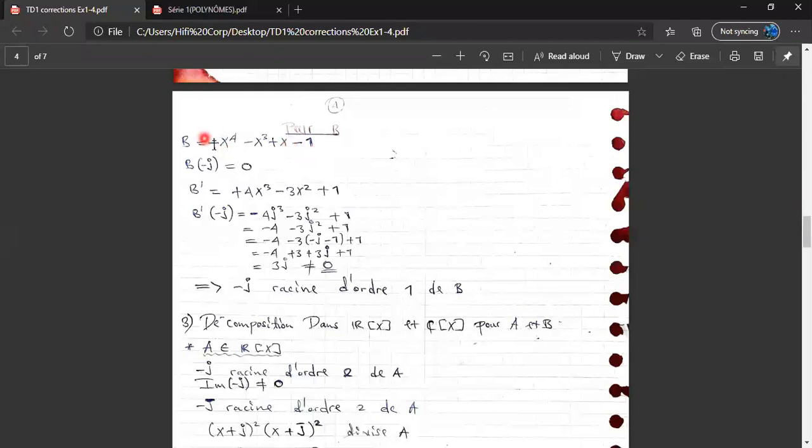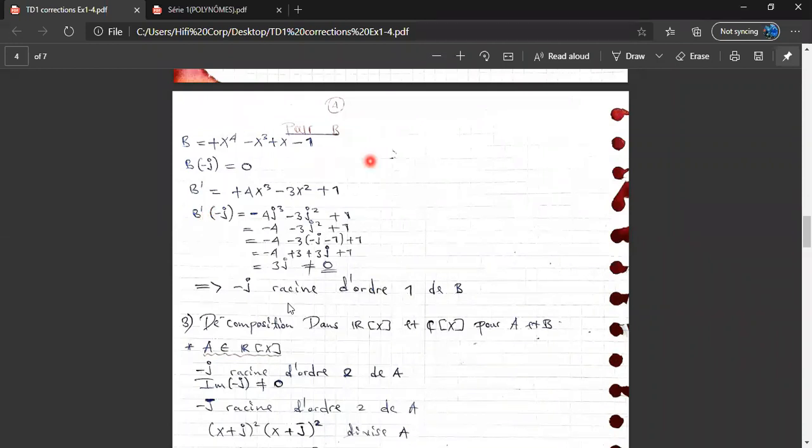They've told you maybe there are 2 or whatever, but they've just told you negative J is a racine. So to decompose this, if you already know the racines which can give 0 to this B, you just put them in and differentiate until it gives you the order of its racine.